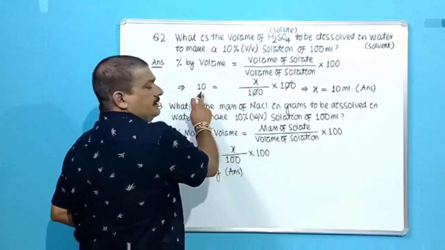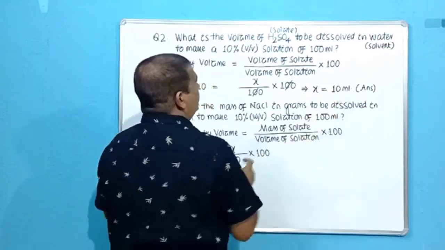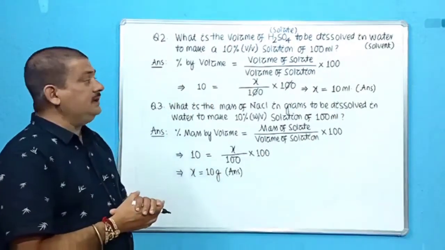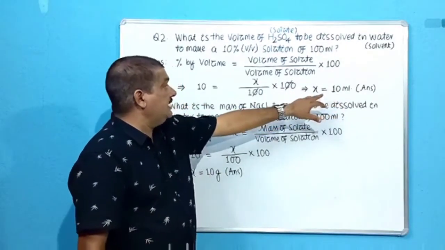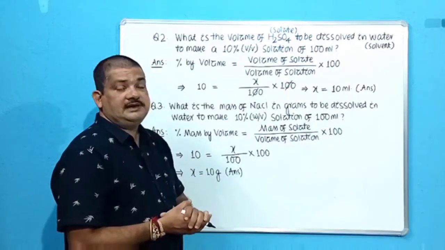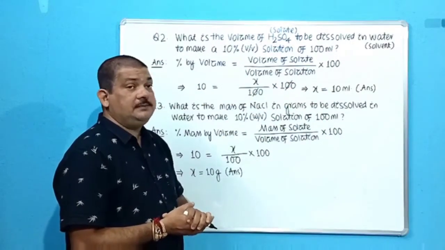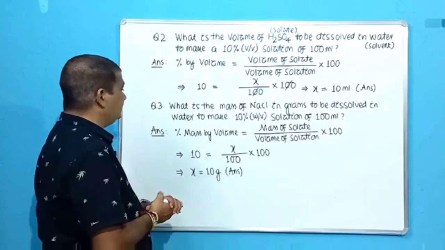So X will be 10 ml. So the volume of sulfuric acid to be dissolved to make a solution of 10% V by V is 10 ml. So this is how you have to find out the answer. So 10 ml sulfuric acid has to be dissolved to make a solution of 10% V by V for a 100 milliliter solution.